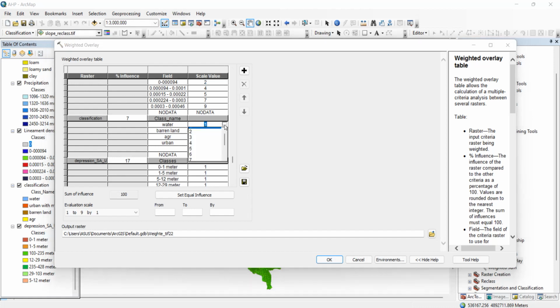So classification, again, water has the highest probability. Barren land also has some probability due to precipitation. Agriculture also has very high probability because in agricultural areas intensive irrigation is used.